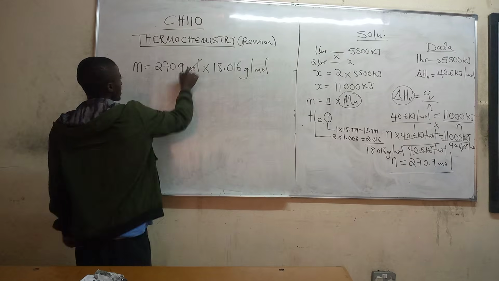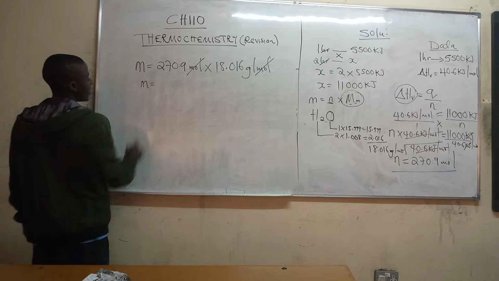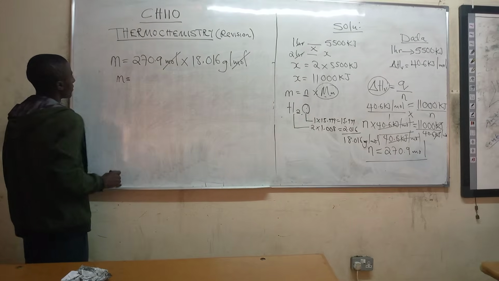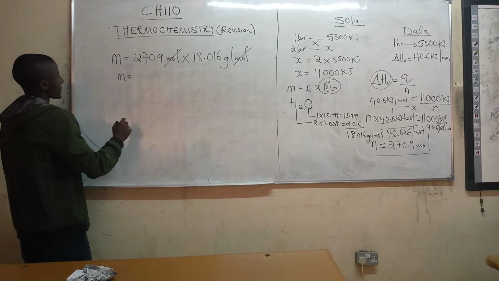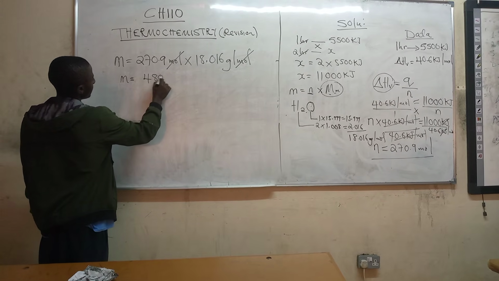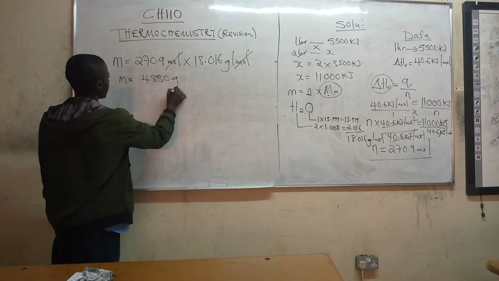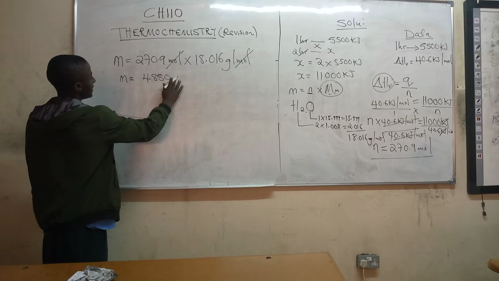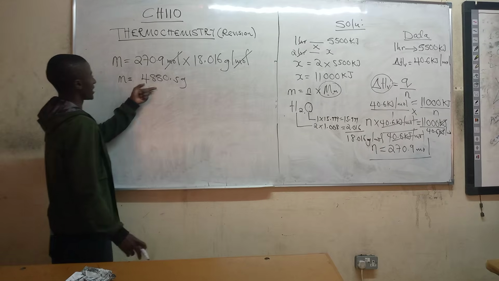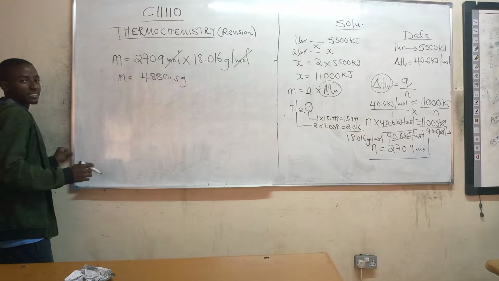From there, mole and mole are going to cancel each other. So when you multiply, what are you getting?